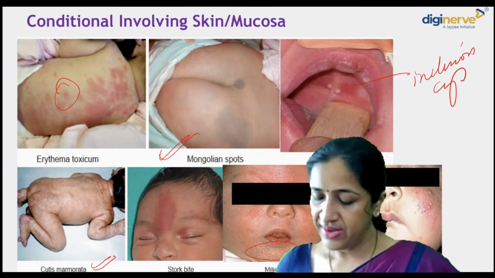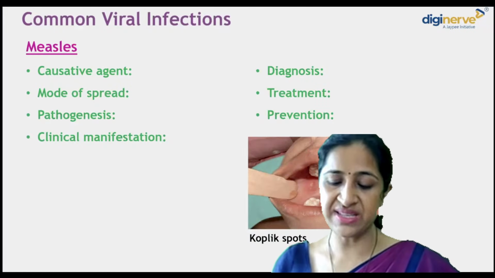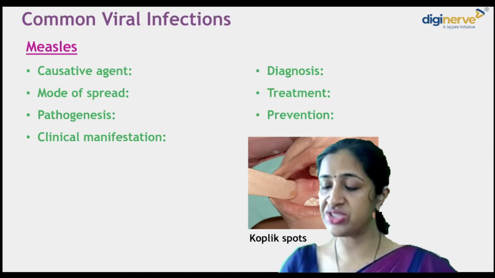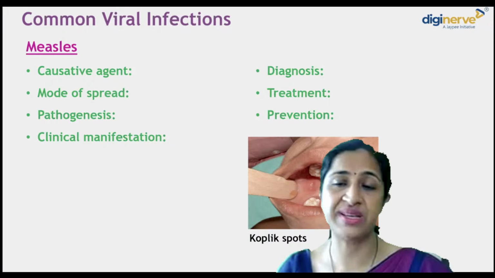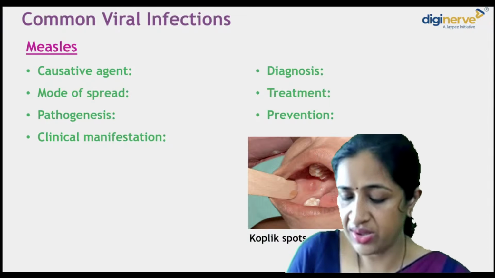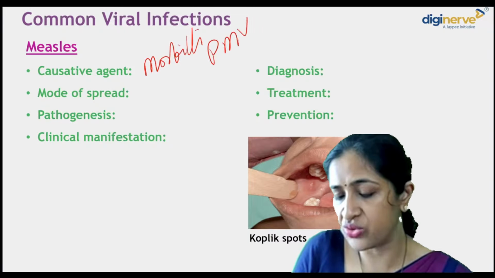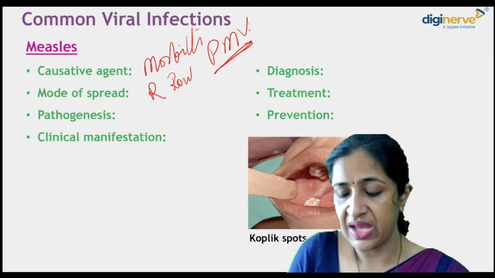Okay, coming to infectious diseases, measles, all of you know this. I'm just doing this real fast. Causative agent is the morbillivirus or the measles virus, which is in the paramyxoviridae. Mode of spread is droplet or respiratory route.